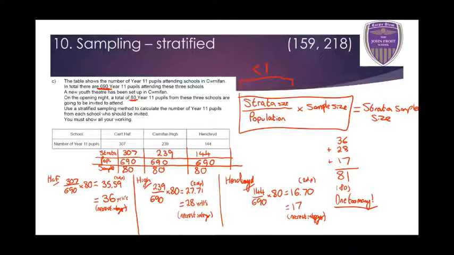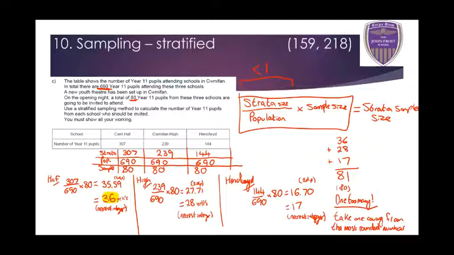If you think about this, we rounded all of these up. 35.59, we rounded that up. 27.71, we rounded that up. 16.70, we rounded that up. So we need to take one away from the most rounded number. And the most rounded one in this case is this one, because we've added 0.41, whereas the rest of them we've added 0.3.